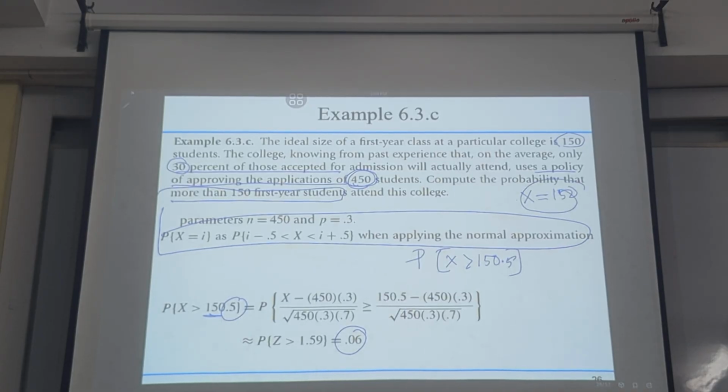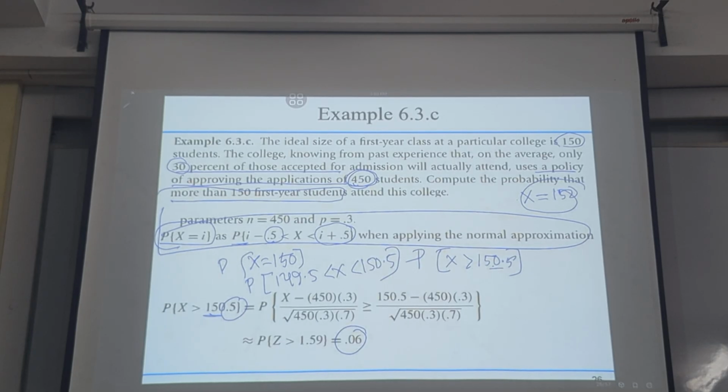That's why, for X equal to i, this probability is the probability that X is between i minus 0.5 and i plus 0.5.